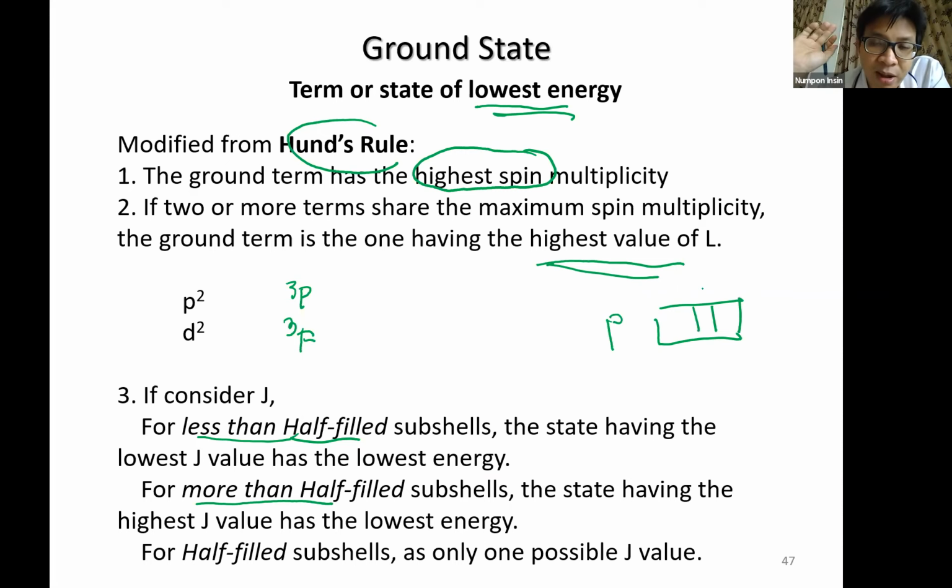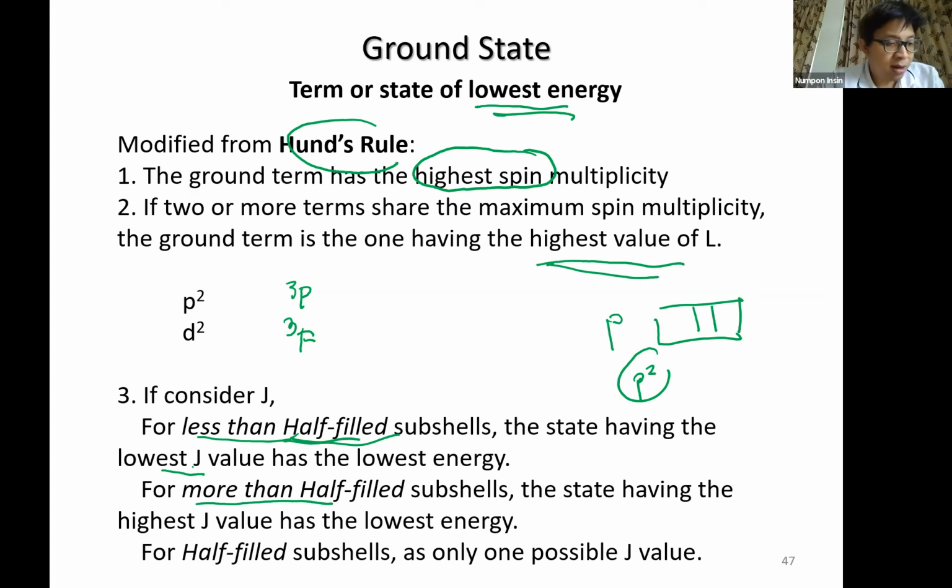So whether the electrons number more than 3 or less than 3. So for example, P2 has less than half filled. If they are less than half filled, the state having the lowest J value is going to be the lowest energy. The ground state is going to be the one that has the lowest J.